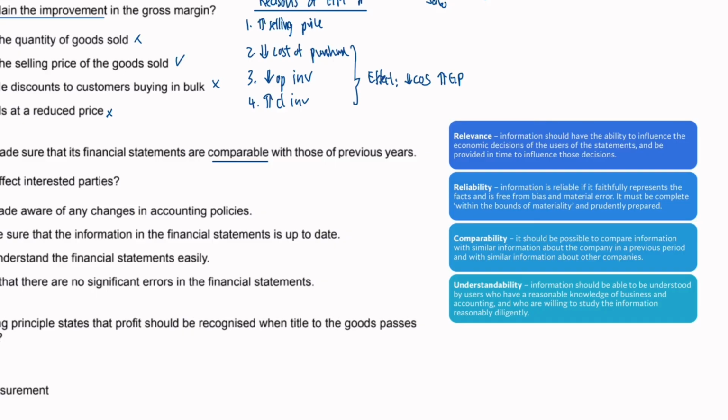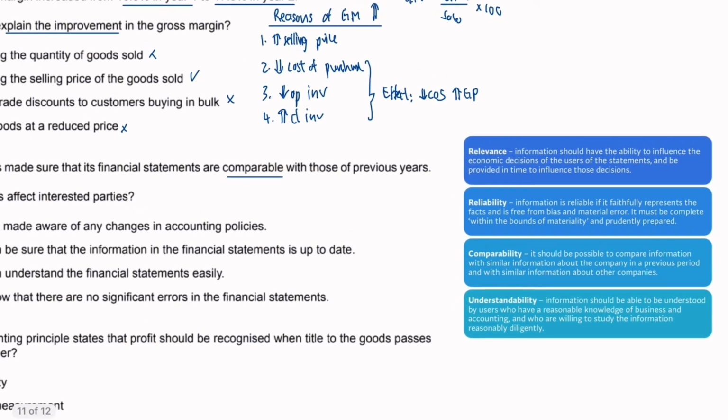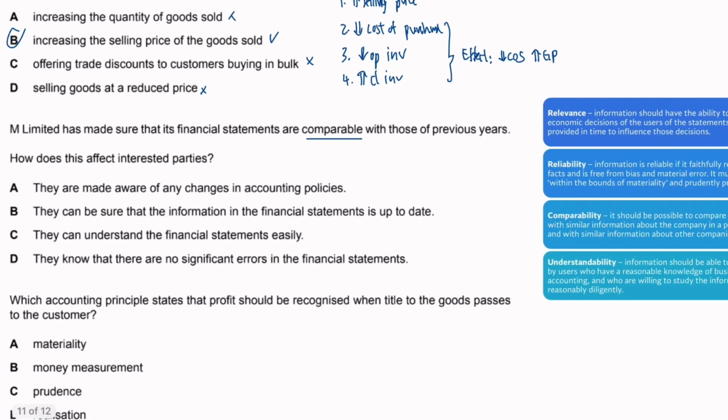Let's move on to the options. First one, they are made aware of any changes in the accounting policies. The effect is that they can know what the changes are, and this helps with comparability. So this one is correct. Able to compare, so A is correct.